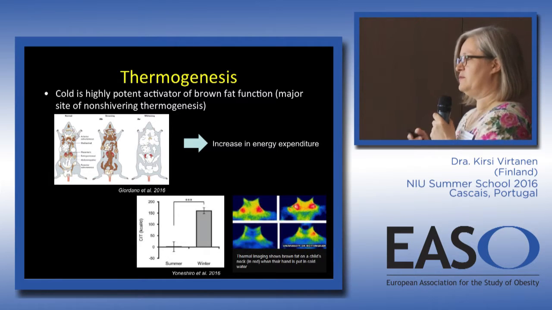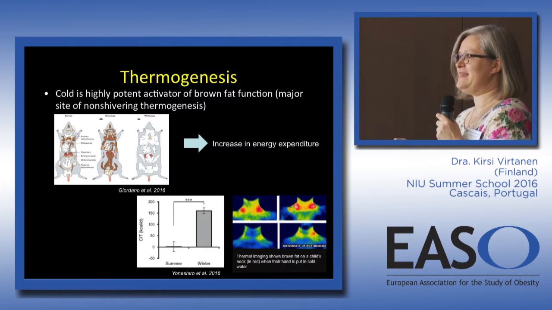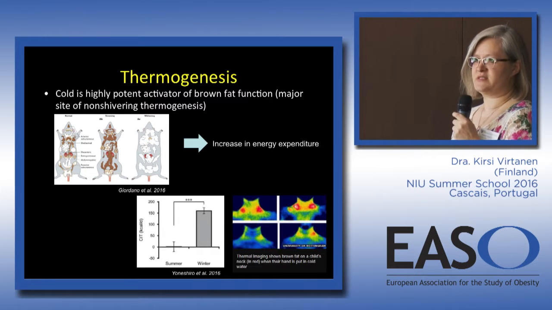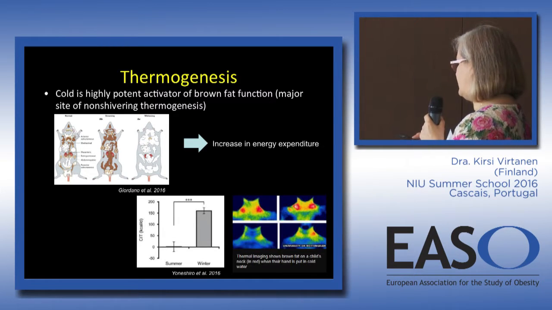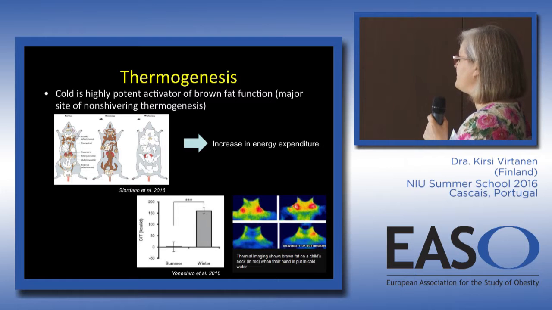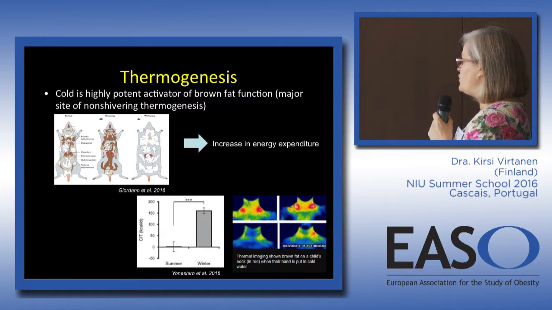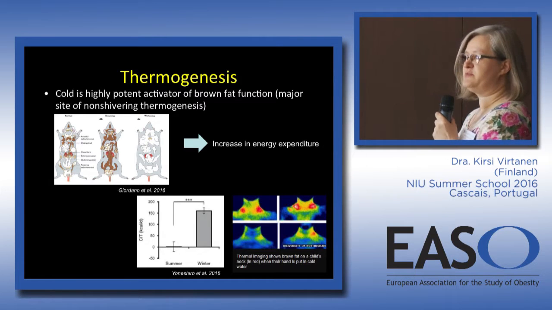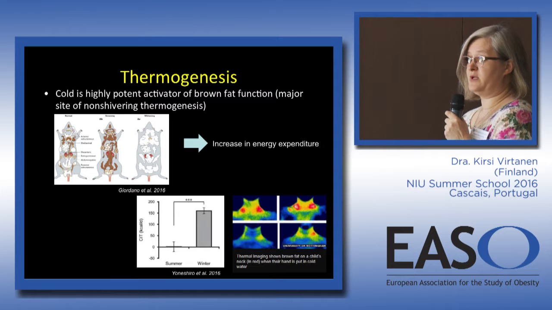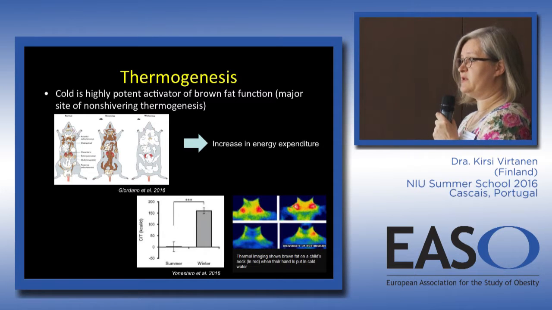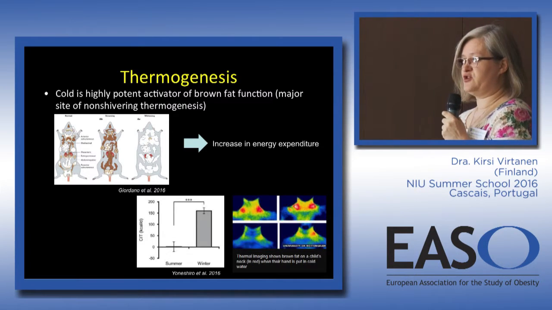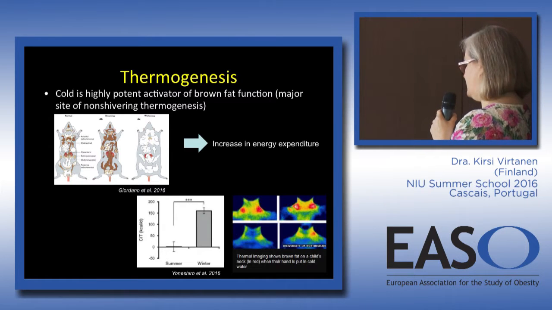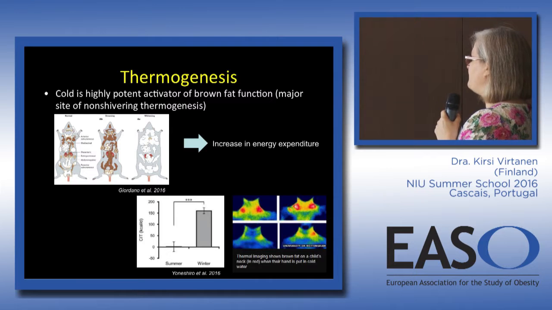So the heat produced for the whole body is not as obvious in humans as it probably is in rodents. One of the most important proteins for heat production is UCP1, uncoupling protein 1, which is able to uncouple the respiration chain in mitochondria and produce heat instead of ATP.